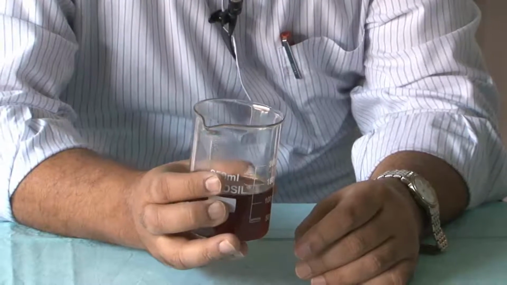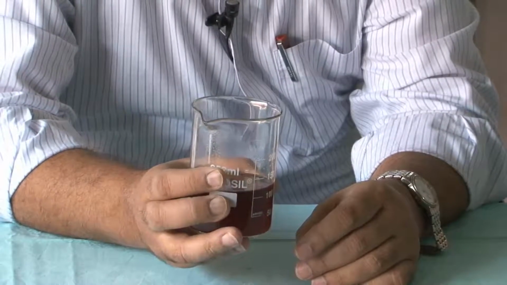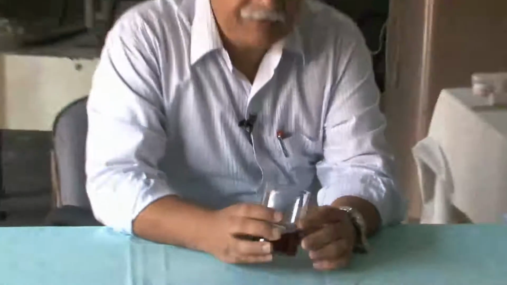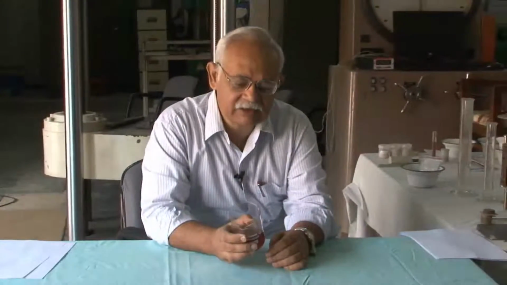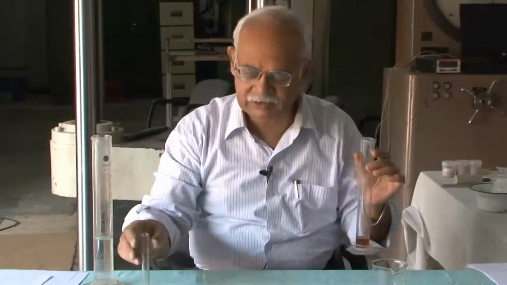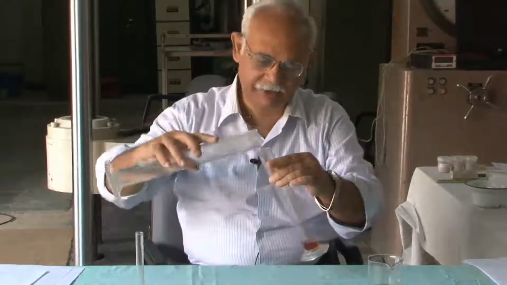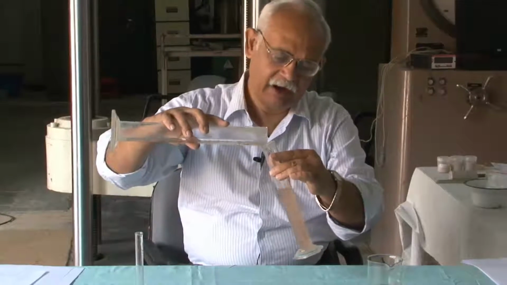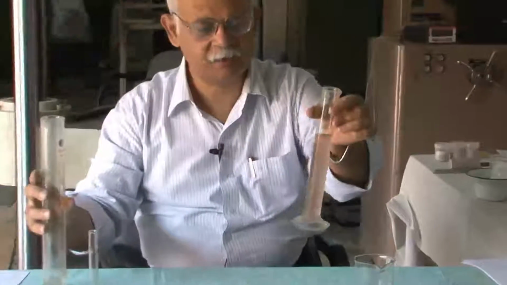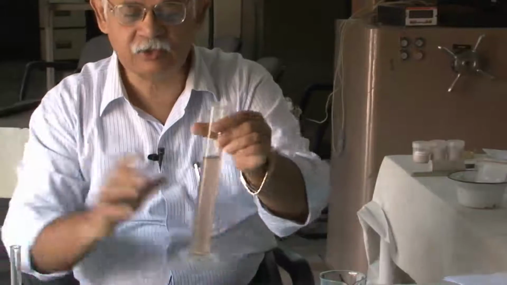As far as using this admixture in concrete is concerned, we have discussed that these admixtures are measured and dosed in terms of cement percentage. We take a precise volume of the chemical admixture and dilute it with water, and this water now is properly measured again and used as a part of the mixing water.